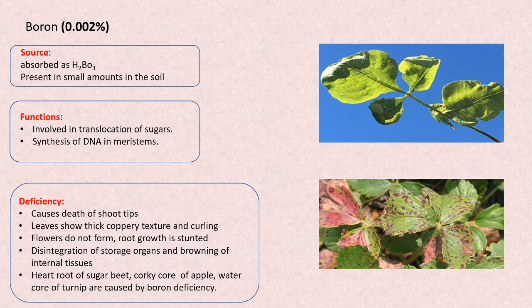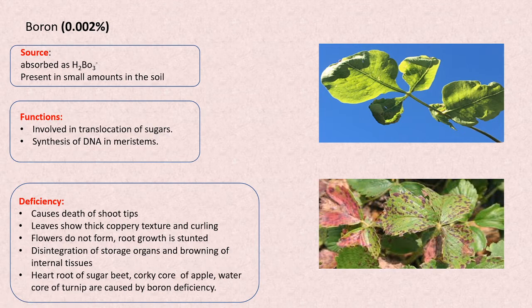In storage organs, disintegration and browning of internal tissues may be seen. See, browning of internal tissues is clearly observed here in this picture. So these are the deficiency symptoms, and it causes some diseases in some plants.